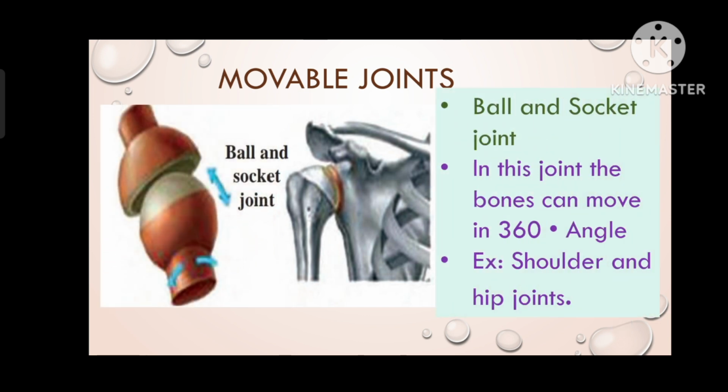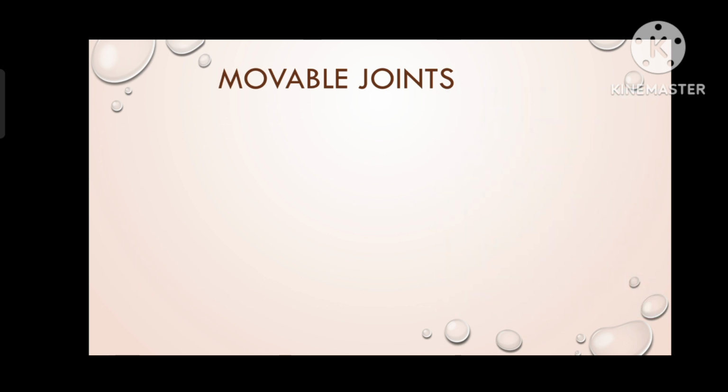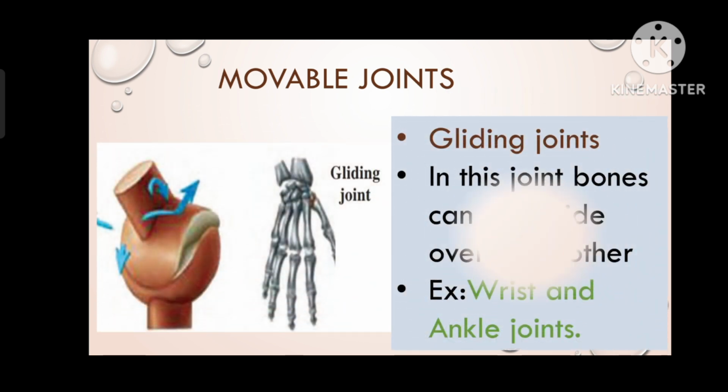In this joint, the bones can move at a 360-degree angle. For example, shoulder and hip joints are ball and socket joints. Gliding joint. In this joint, bones can only slide over each other. For example, wrist and ankle joints.